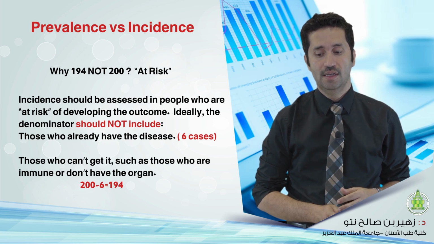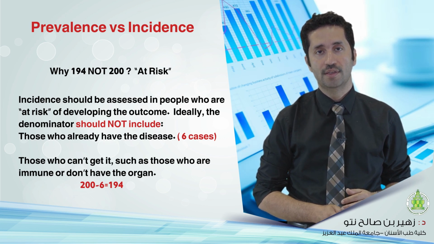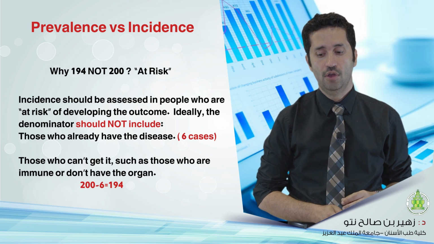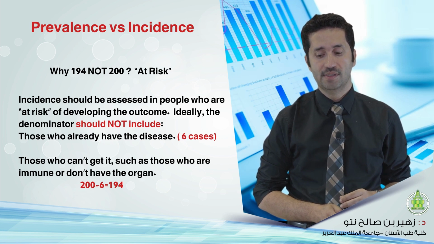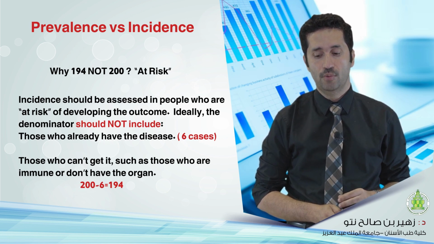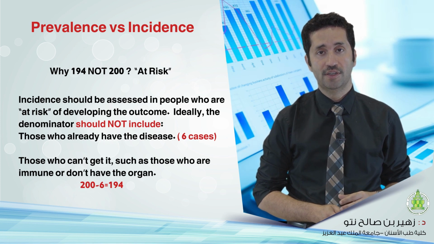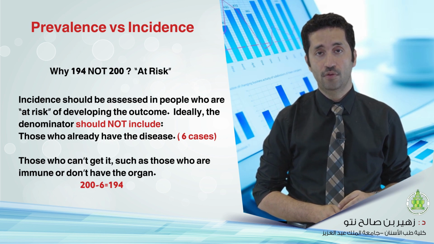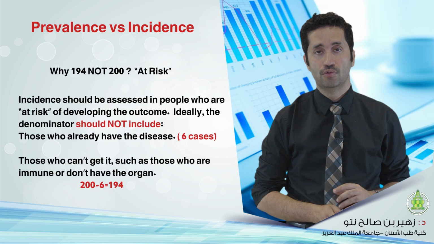The answer is going to be 3 over 194, which is 0.015, or 1.5%, or 15 cases per 1,000, or 150 cases per 10,000. We have only 194 because 6 of them already got the disease, and we should exclude them from the population at risk.